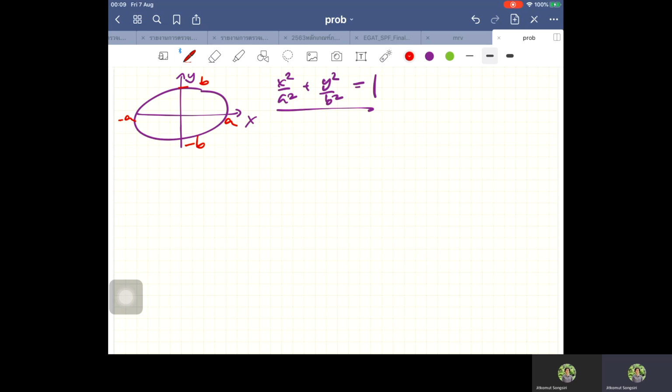So first of all, I would like to switch the use of the variables x and y, because this is just in R2. I would like to go beyond that. So let's change the notation into x1 and x2.